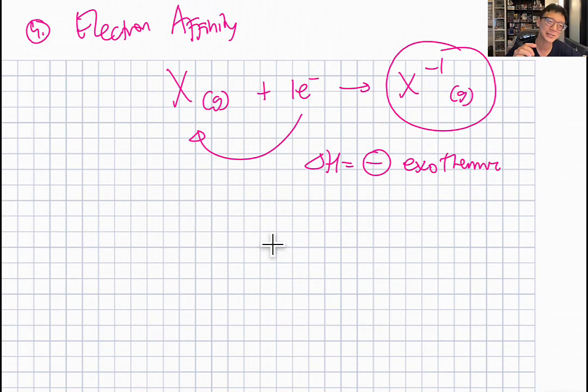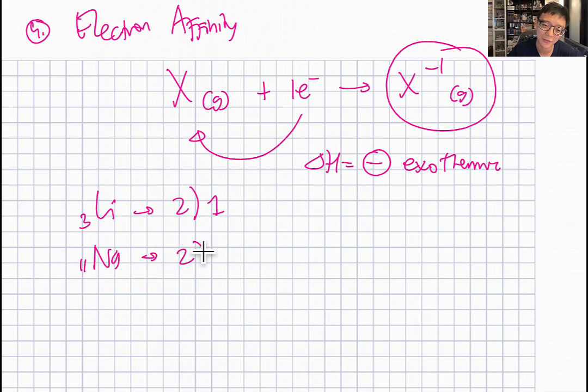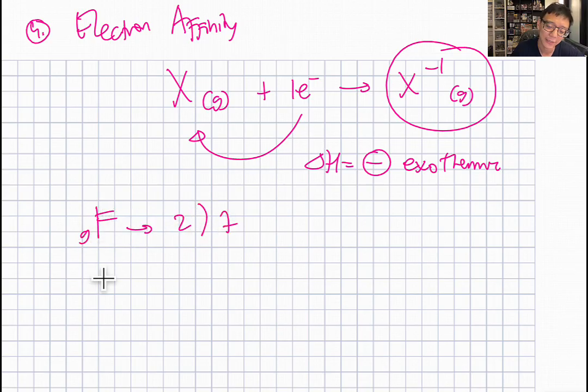And how is the trend? I would like you to imagine, again, lithium and sodium, they are the best example, I think it's very easy to illustrate. Oh well, maybe not these two. Maybe something in another group. Let's say fluorine, 2 7, and Cl, 2 8 7.